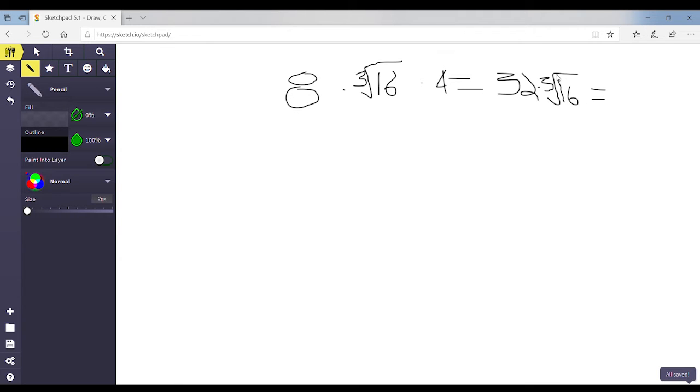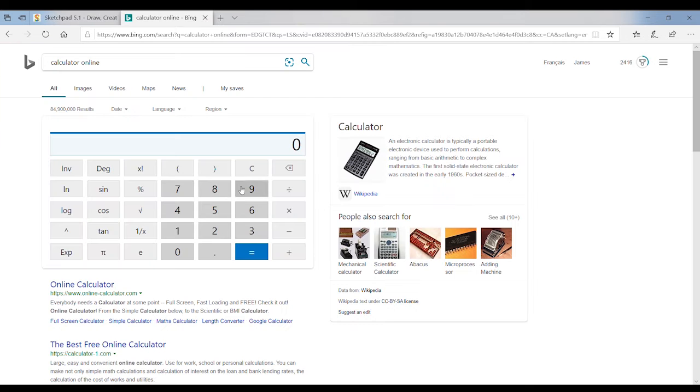Now we need to convert 32 into a cube root. So what is 32 times 32 times 32? Let's pull up our calculator. 32 to the power of 3 is 32768.